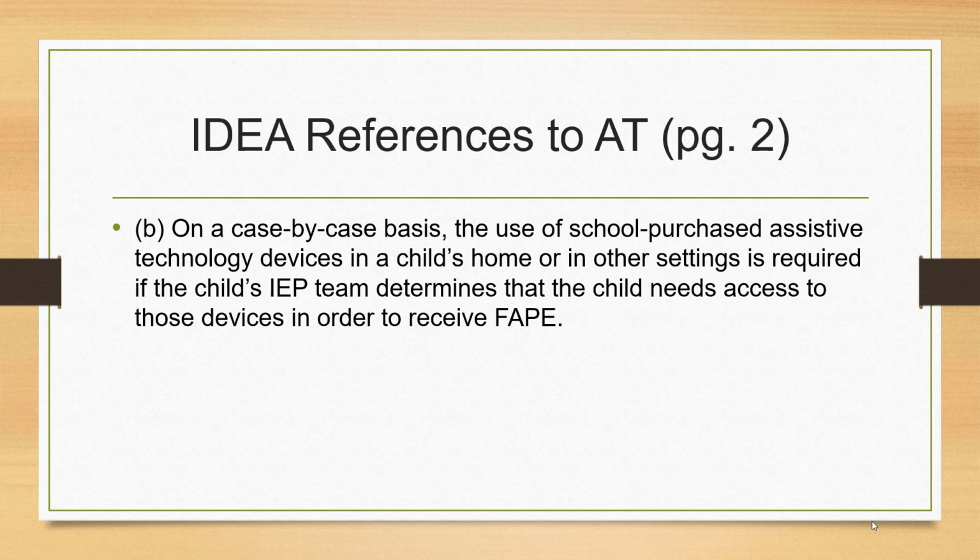On a case-by-case basis, the use of school-purchased assistive technology devices in a child's home or in other settings is required if the child's IEP team determines that the child needs access to those devices in order to receive a free and appropriate public education, or FAPE.